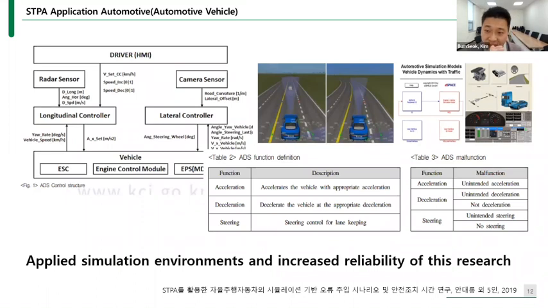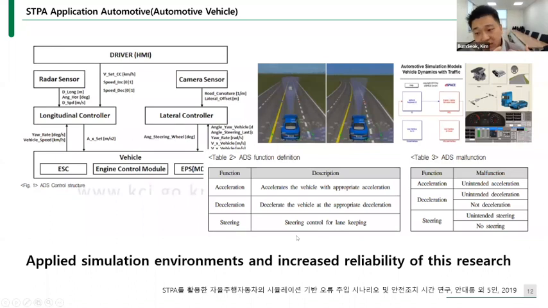It was done on self-driving cars. Furthermore, the errors found early were applied to simulation. The simulation environment used the ASM model of dSPACE in Germany. It is configured to inject errors into the input and output stages of a model using the ControlDesk tool.